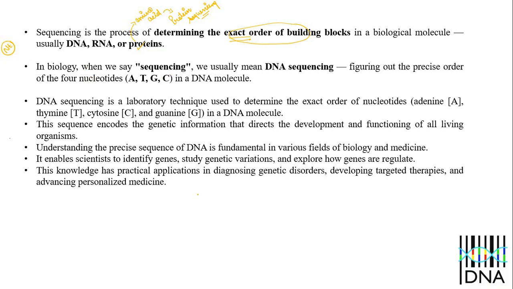We divide nucleic acid sequencing into two parts: first is RNA sequencing and second is DNA sequencing. DNA sequencing means we find out the exact order of adenine, thymine, guanine and cytosine in a gene or genome.